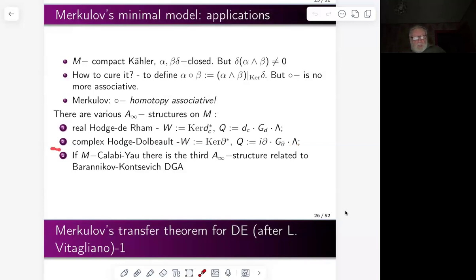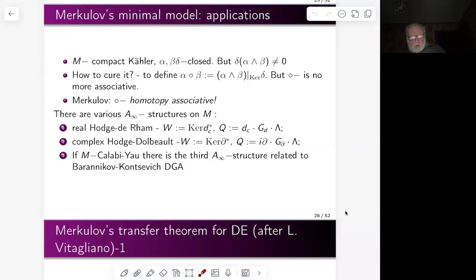Moreover, Merkulov discovered that if your Hodge manifold is also a Calabi-Yau variety, which means that you have first Chern class equal to 0, or equivalently, there is an everywhere non-trivial section of the canonical line bundle, which gives you a holomorphic n-form on this M, then we have the third A infinity structure.